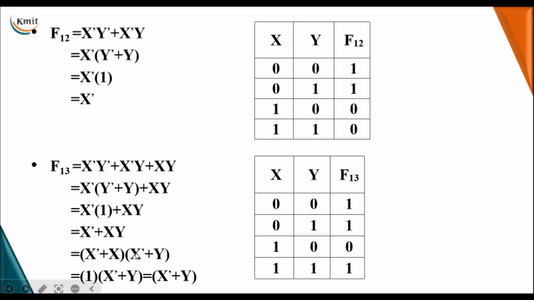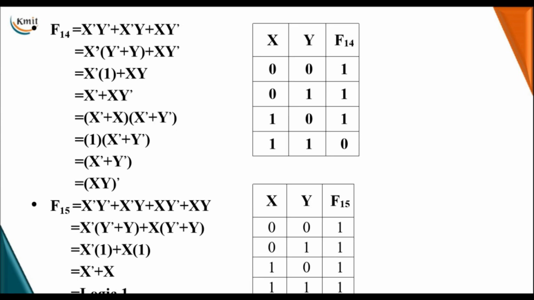So now we simplify the equation. x bar is taken as common from your first two terms. y bar or of y is replaced with 1, and using your distributive law, x bar or of x and of x bar or of y. So x bar or of x is replaced with logical one, then we obtain here x bar or of y. Which is an OR operation between the complement of the first variable and the second variable.